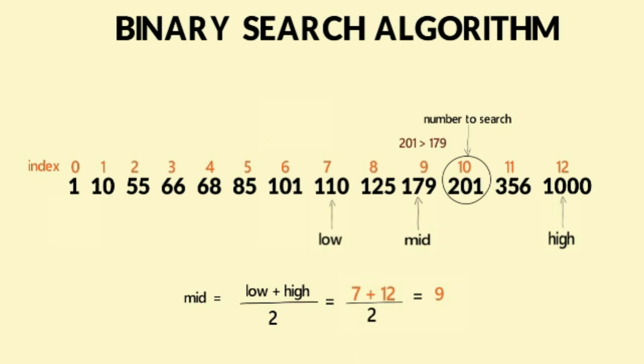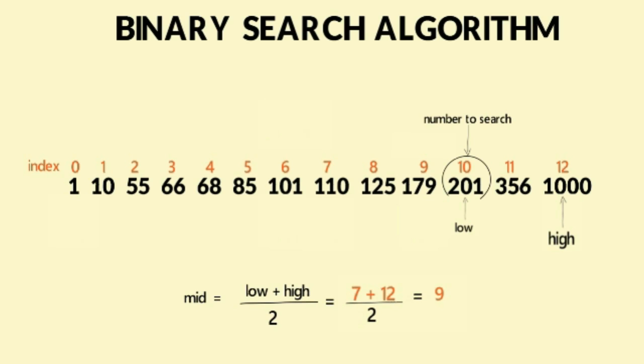So we again follow the same process, and we discard, or rather ignore, all the elements less than or equal to 179 at index 9, and so we move the low index to the mid plus 1 position, which is 10. So our low now moves to 10 and our high is at 12.